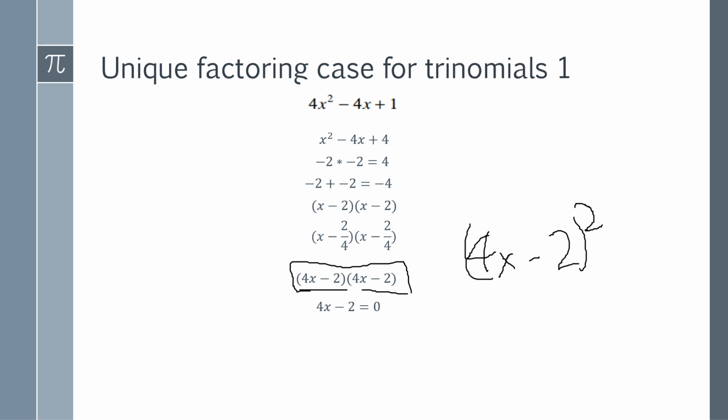So because you will solve the equation only one time, you're just going to treat it like a regular equation and solve for x. Add 2 to both sides, and when you add 2 to both sides and divide by 4, it's going to simplify to 1/2.